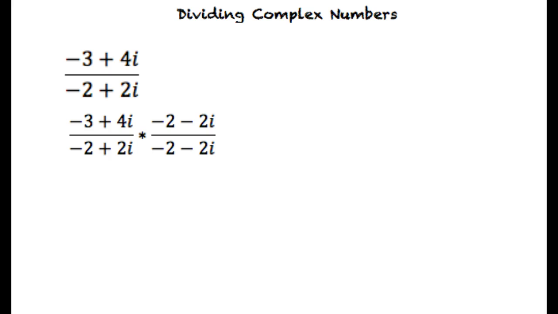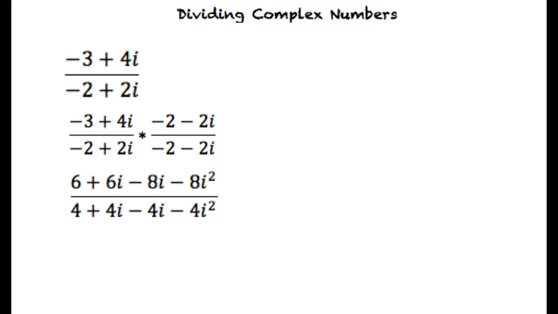This will look like (-3 plus 4i) over (-2 plus 2i) times (-2 minus 2i) over (-2 minus 2i). Now, we use the distributive property to multiply the two expressions in the numerator together and the two expressions in the denominator together. This results in 6 plus 6i minus 8i minus 8i squared over 4 plus 4i minus 4i minus 4i squared.